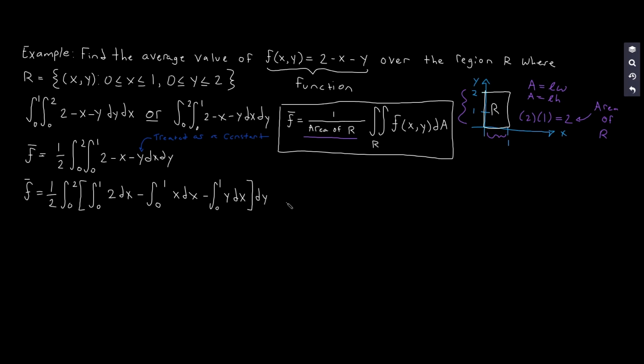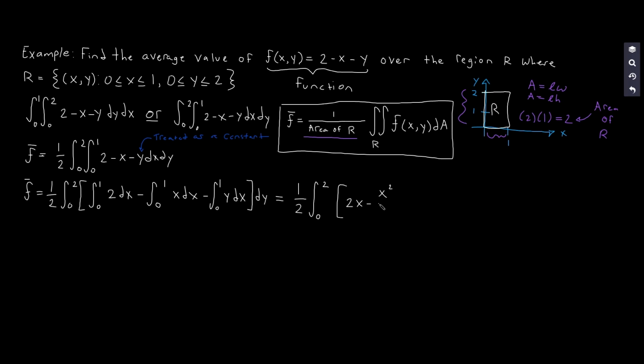And well, since that's the case, what we're going to end up having is 1/2 times the definite integral from 0 to 2 for, well, 2, the integral of 2 is just going to turn into 2x. Minus, well, the integral of x with respect to x is going to be a power rule.